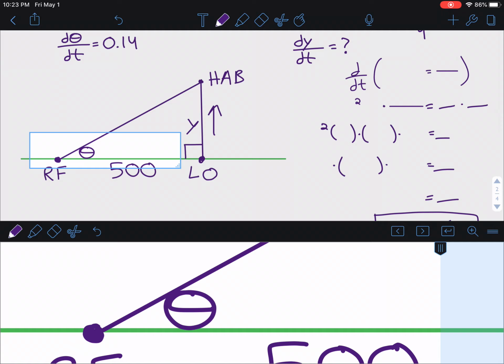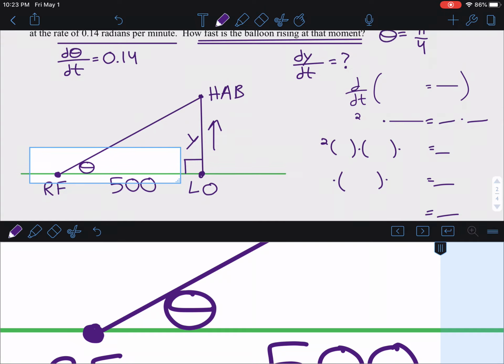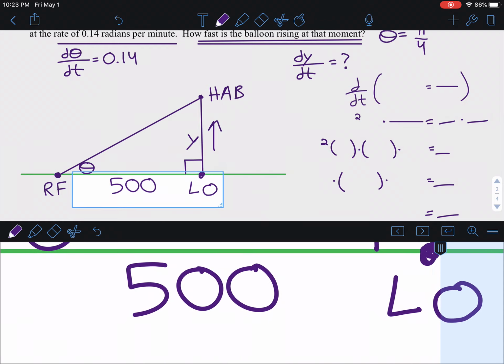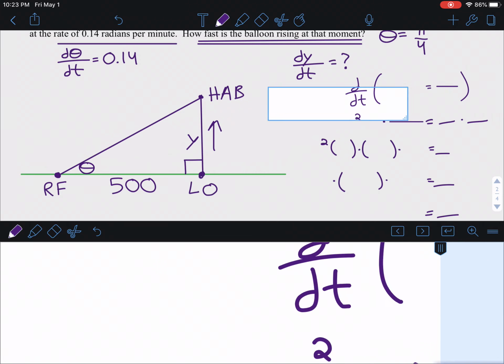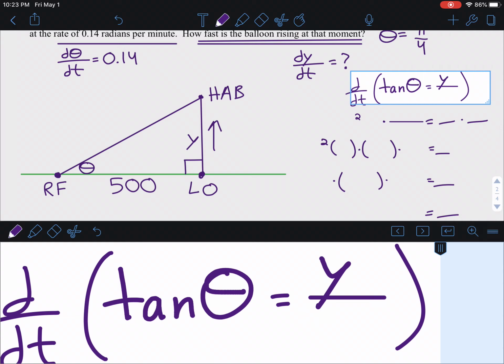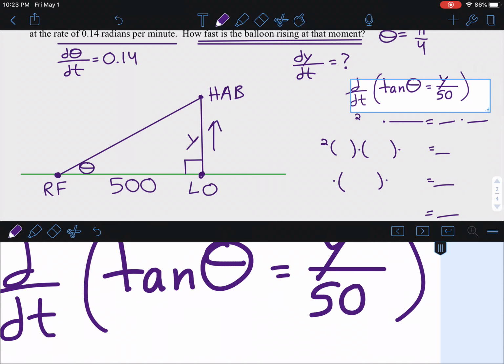A lot of people will default to Pythagorean theorem. That is not correct. What we should try to remember is what we did all of first semester, which is trig. Let's set up a trig equation because I have an opposite and an adjacent for my angle theta. And so that means I can set up a tangent of theta equation as y over 500.